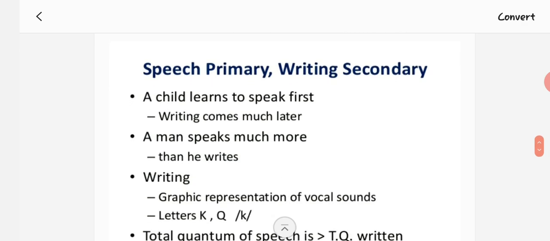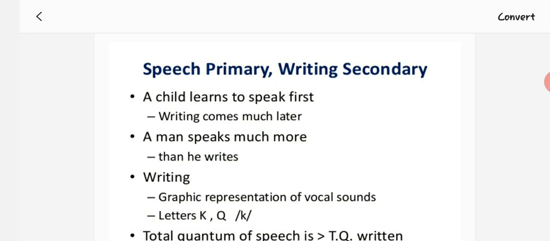We talk about speech and writing. So I will put speech as the primary function and writing as a secondary function. A child learns to speak first and writing comes much later.